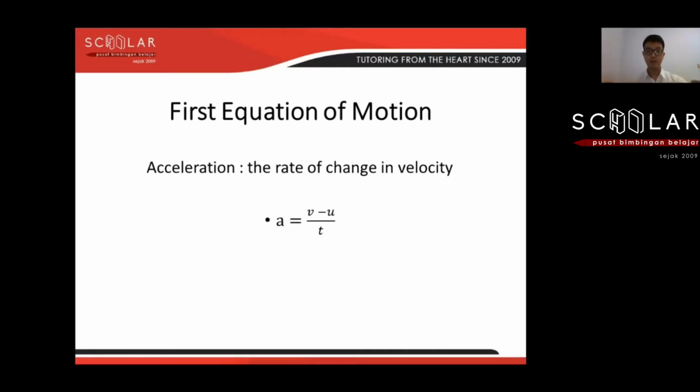By doing a cross multiplication, we will get at equal to v minus u. And then we can change the subject of the formula to v, and we will get v equal to u plus at. And here is our first equation of motion.